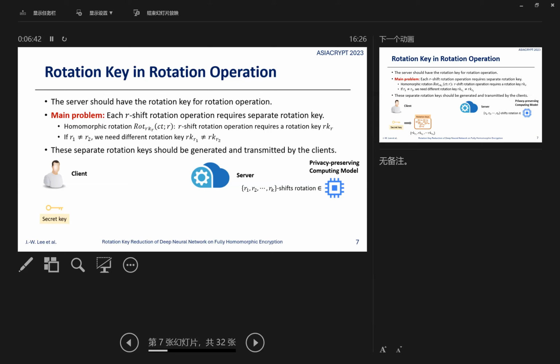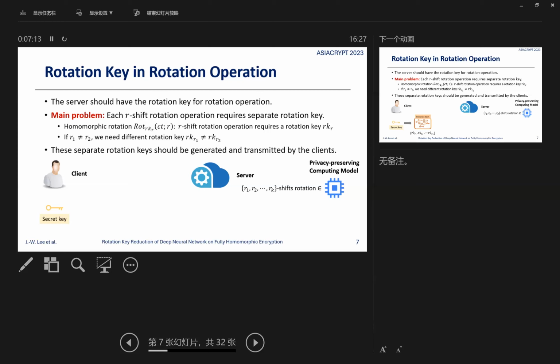If R1 is not the same as R2, then we need different rotation keys, RK-R1 and RK-R2, which are different from each other. These separate rotation keys should be generated and transmitted by the client, because the rotation keys have to be generated from the secret key, which the client has.